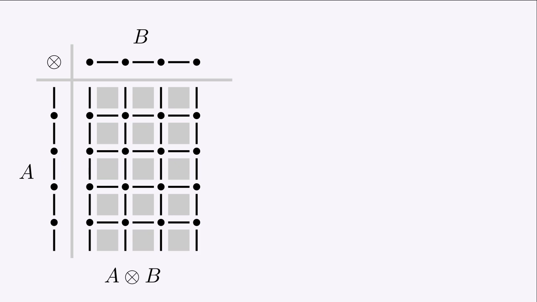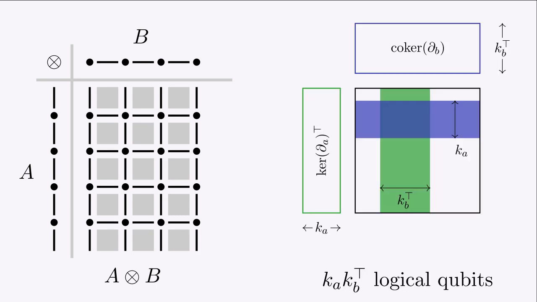How does this argument generalize when we replace A and B with some other classical codes? Let me just show you the general setup of what the logical operators look like. For the surface code, we were putting down these strings of X operators which corresponded to the co-kernel of the B matrix.